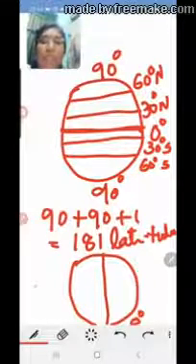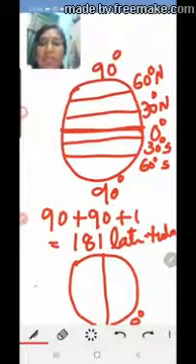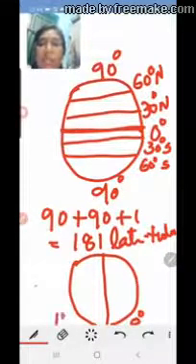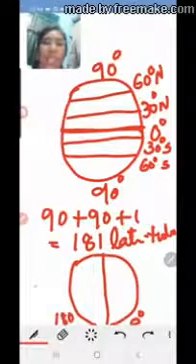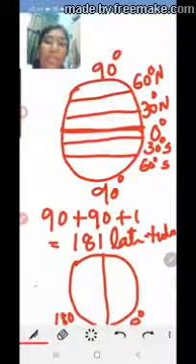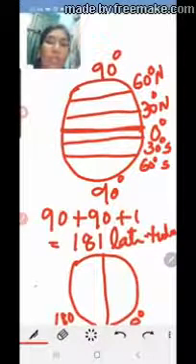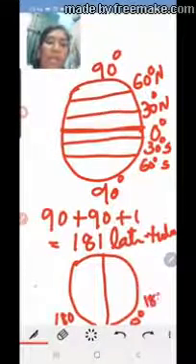From the prime meridian or 0 degree longitude till the extreme in the western hemisphere there are 180 meridians, and in a similar way from the prime meridian to the eastern extreme also there are 180 longitudes.